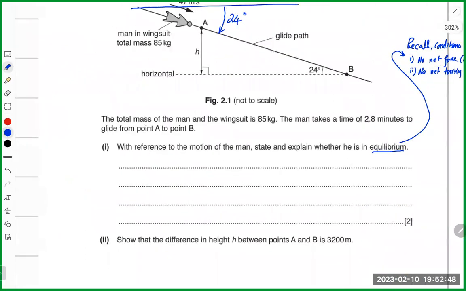So we can say, yes, he is in equilibrium, falling with constant speed in a straight line.